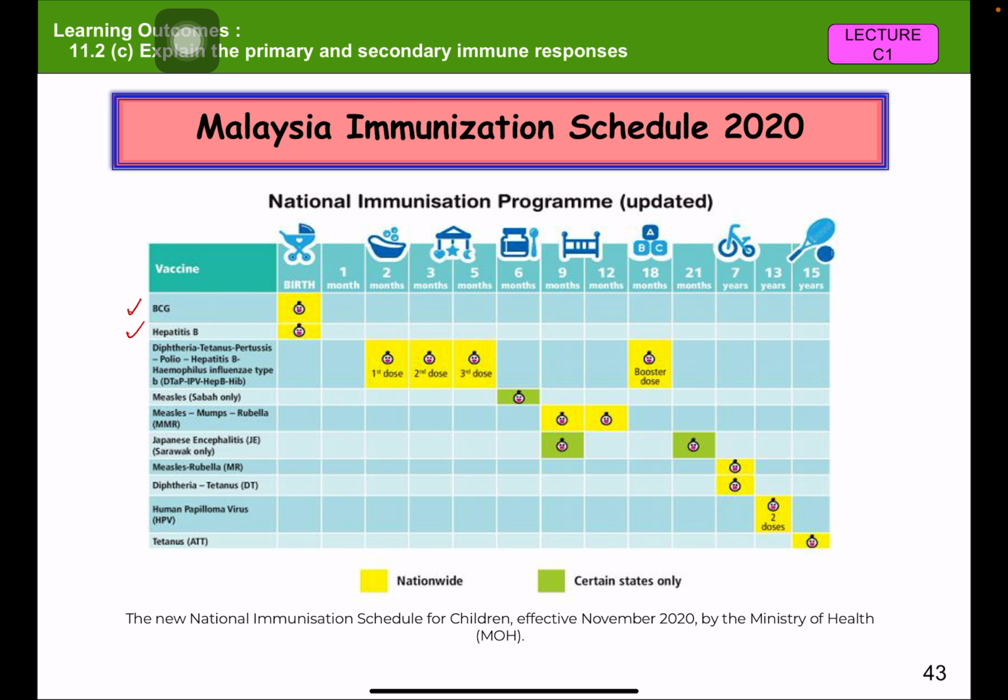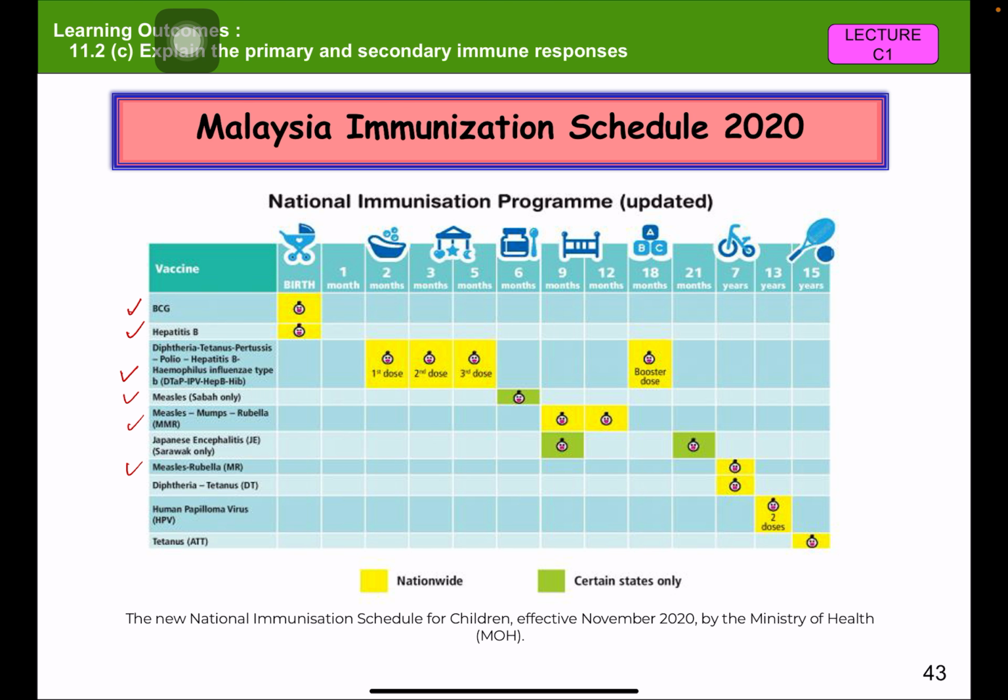Then at the second, third, and fifth month, they have the DTP and hepatitis B vaccine, and at the 6 month they have the measles vaccine, but this one is only in Sabah. Then at 9 months and 12 months they have the MMR and the JE, and at 18 months usually they have the booster dose.